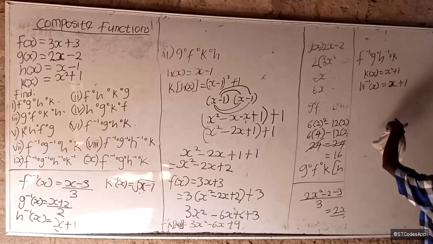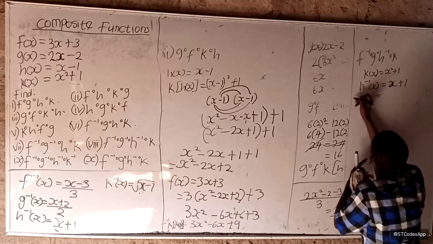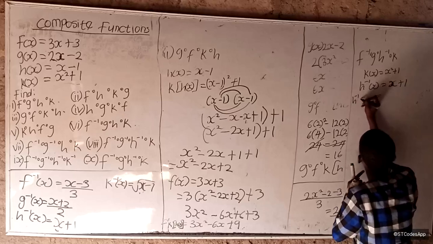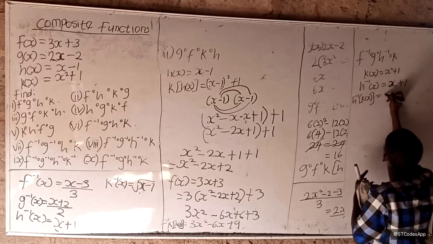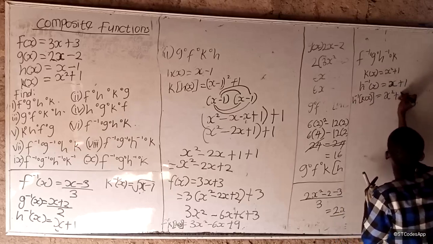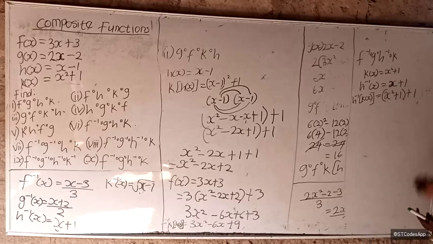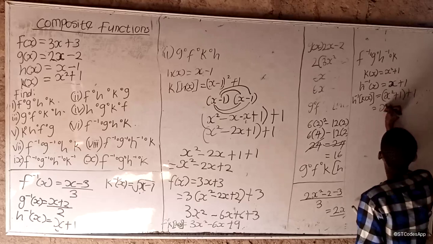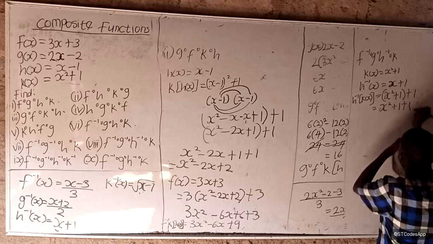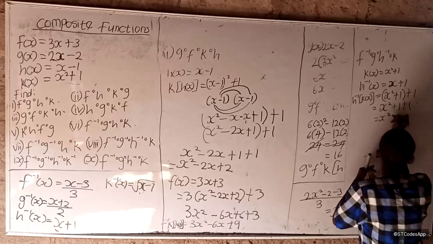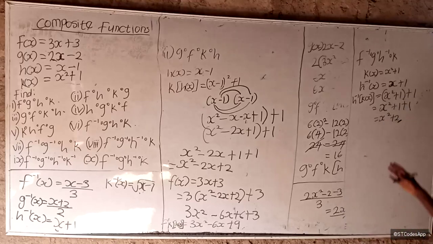So the k of x will be our value for x to give us h inverse of k of x equals x squared plus 1 into bracket plus this 1 here. So we have x squared plus 1 plus 1 to give us x squared plus 2. So this is our value for h inverse of k of x.